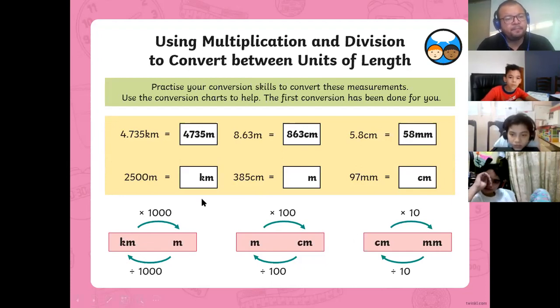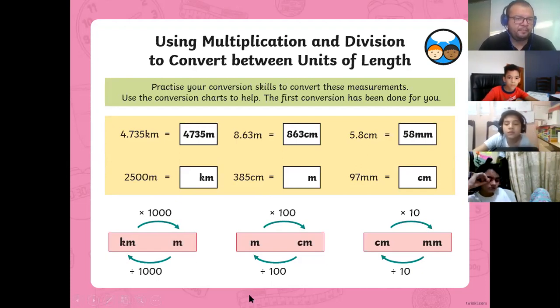I have 2,500 meters and I have to change it to kilometers. So what do I have to do in here? Divide. 2.5. 2.5 what? Kilometers. I have 385 centimeters and I have to change it to meters.